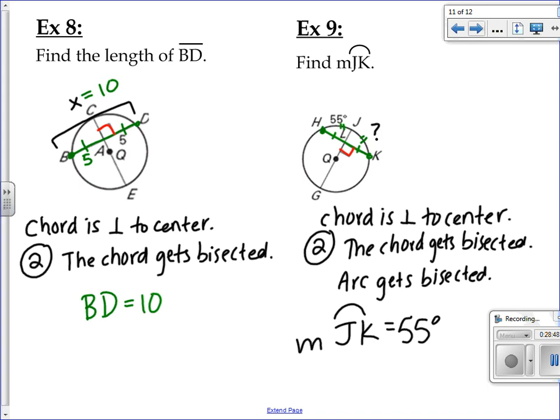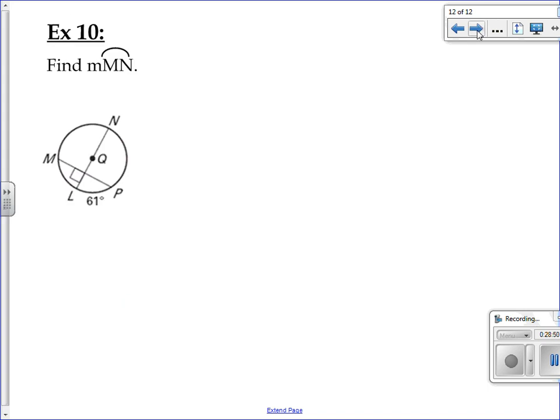Okay, last problem. We're going to find the measure of arc MN. Okay, again, let's analyze what we have. You'll notice it's kind of repetitive. You're usually given a chord. You're usually given that it's perpendicular to the center. So which property is that? That's the second property. But what does that property tell us?